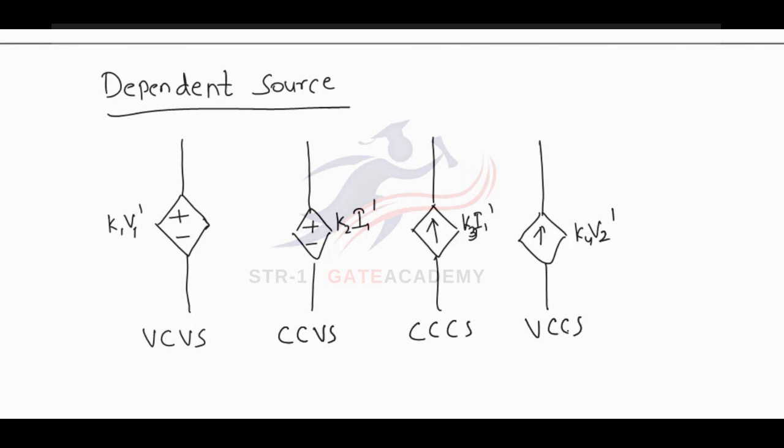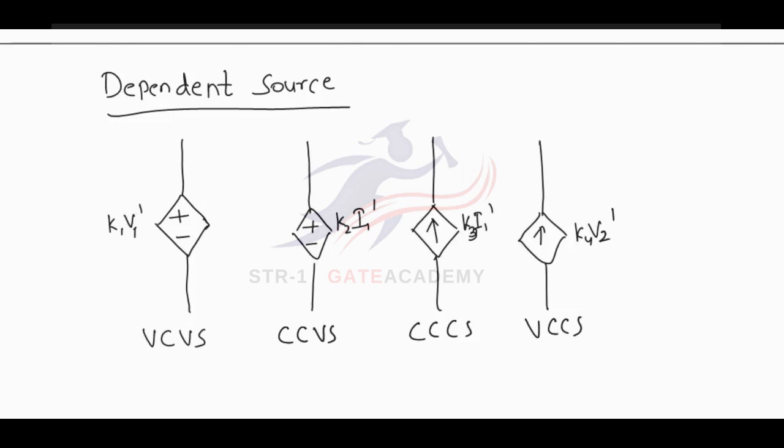So we observe that in a dependent source we have a control variable which controls its value. For example, in the voltage controlled voltage source, this V1 dash is a voltage in some other part of the network and it is controlling the value of this voltage source, and therefore it is called a voltage controlled voltage source.